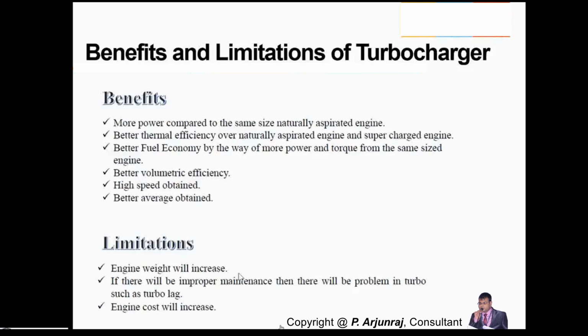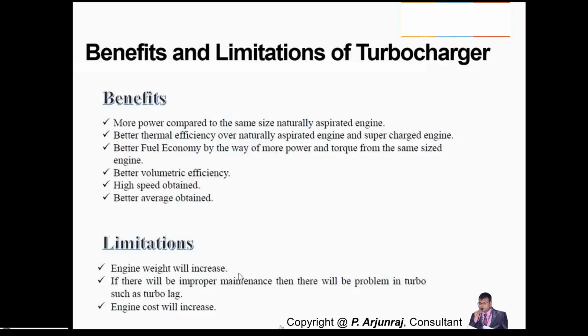Whining noise in the sense, when the engine is running at higher RPM, the turbine makes a whining noise, which is like a whistling noise. Just like a whistle, but with higher force.